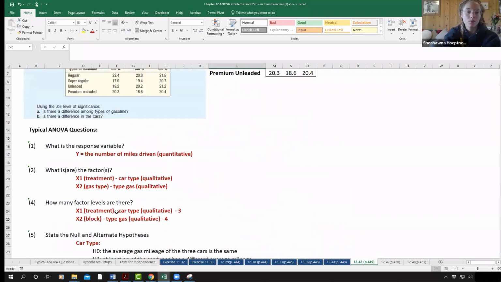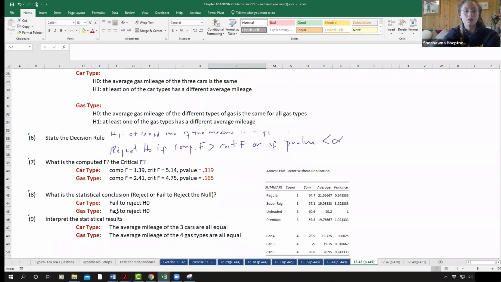I'm saying, what does it mean in general if they are different from each other? Well, let's say, for example, for the car type, the null hypothesis was rejected. That means that at least one of the 3 cars has a different average mileage.